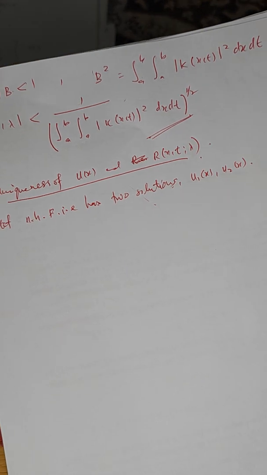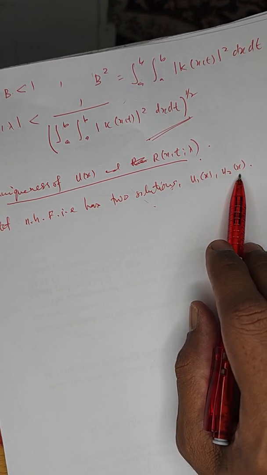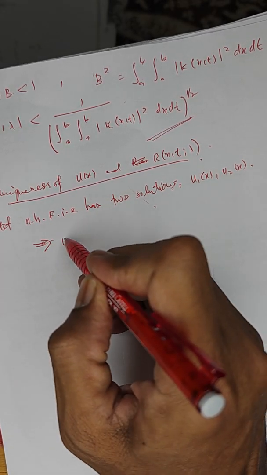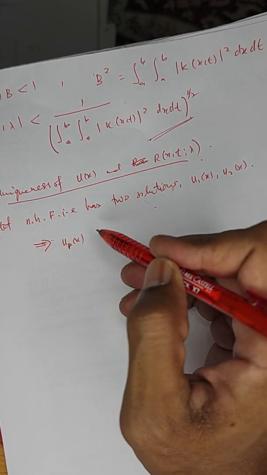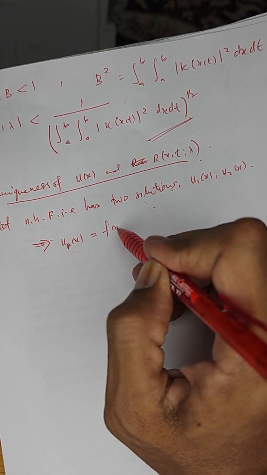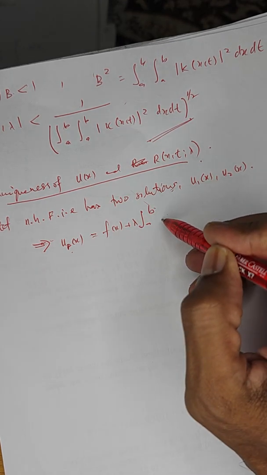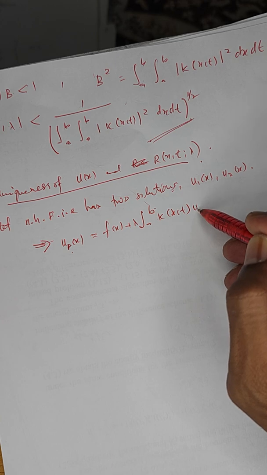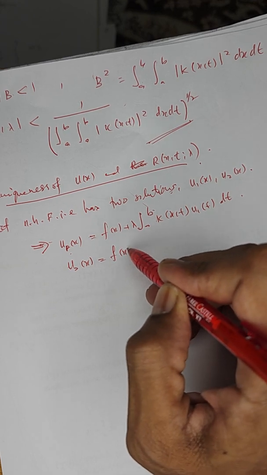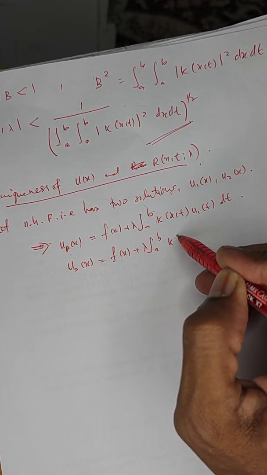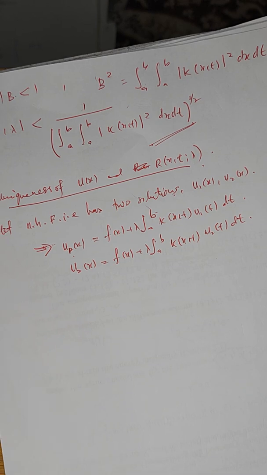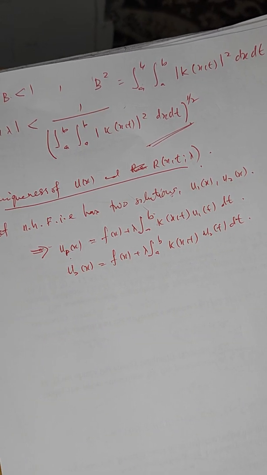Since u1 and u2 are solutions to the non-homogeneous Fredholm integral equation, I can write u1(x) equals f(x) plus lambda times the integral from a to b of k(x,t) u1(t) dt, and u2(x) equals f(x) plus lambda times the integral from a to b of k(x,t) u2(t) dt.